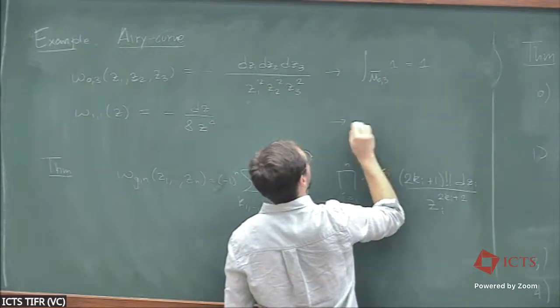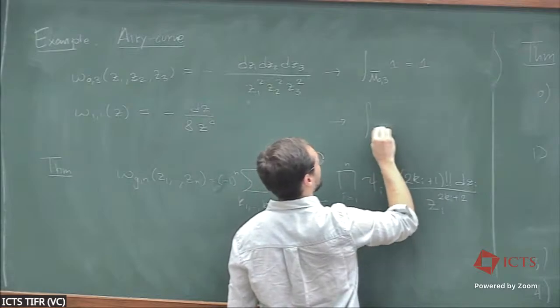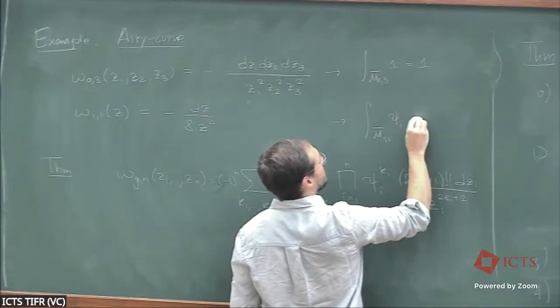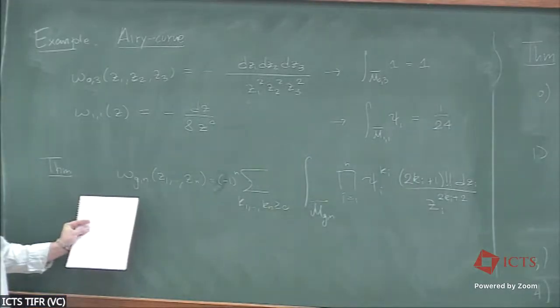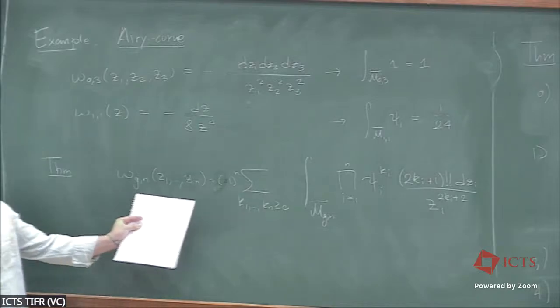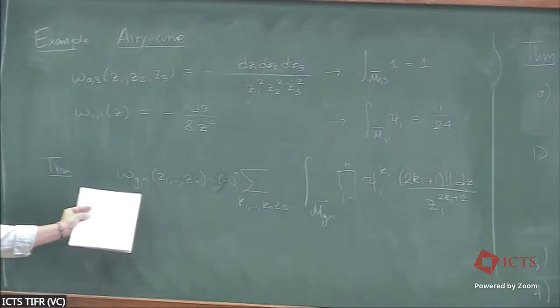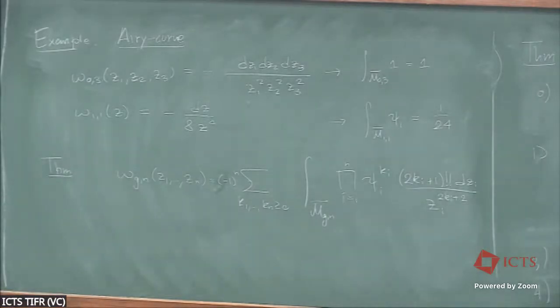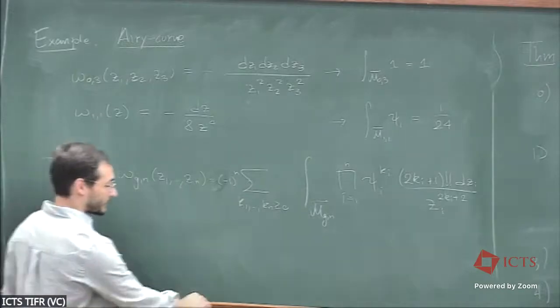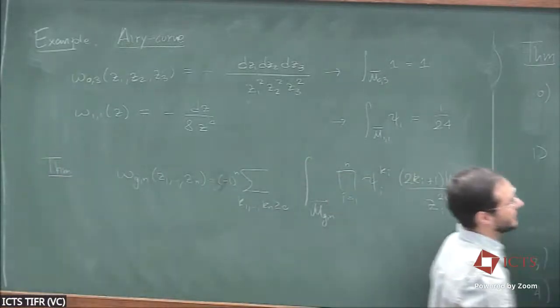And from this, that the integral over M 1,1 of psi 1 is equal to 1 over 24. And what is nice about this is that this theorem, together with the definition of these omega g,n, gives you a way of computing recursively these psi-class intersection numbers. And this recursion is equivalent to the one that I showed you yesterday.